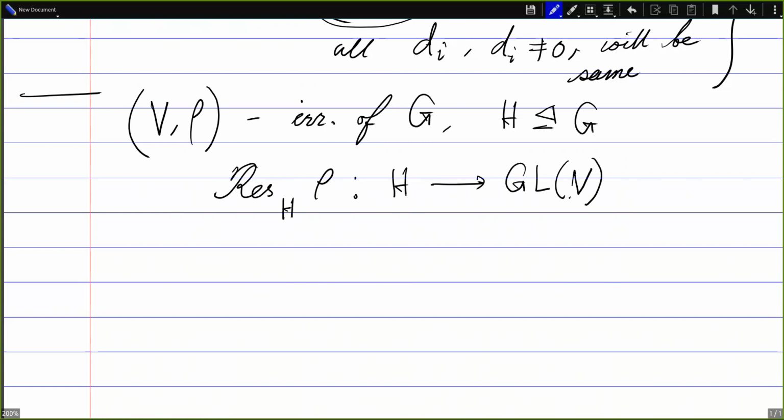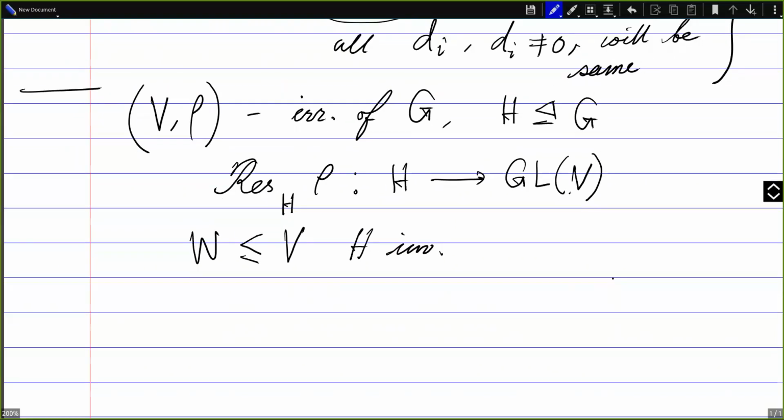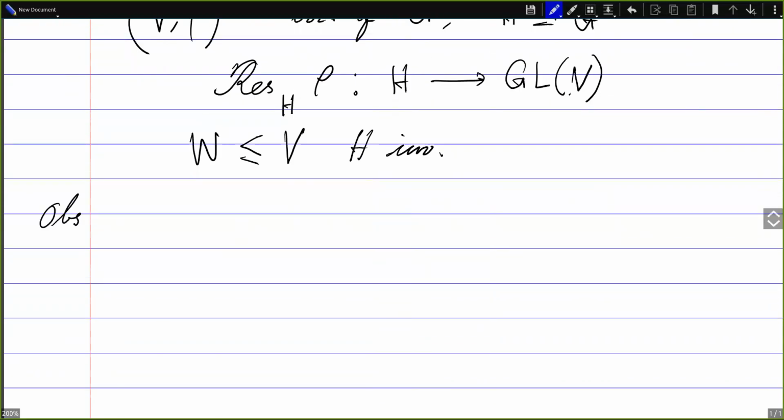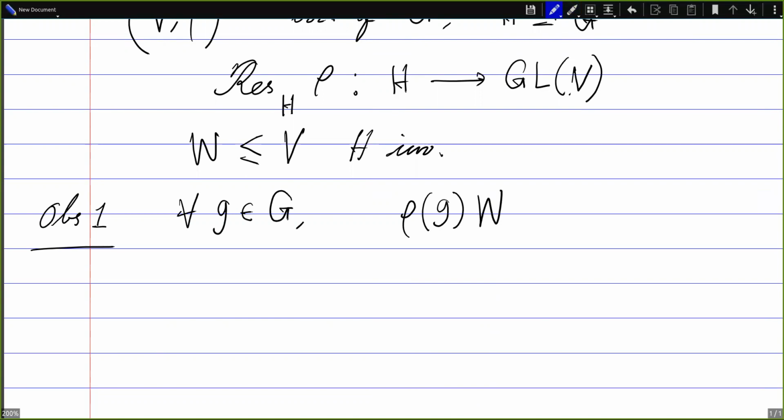Okay, so let W be a subspace of V which is H invariant. So observation one says that for every g in G, rho(g)W, which is of course a subspace of V, is first of all H invariant, and then irreducible, provided we assume that W is irreducible.